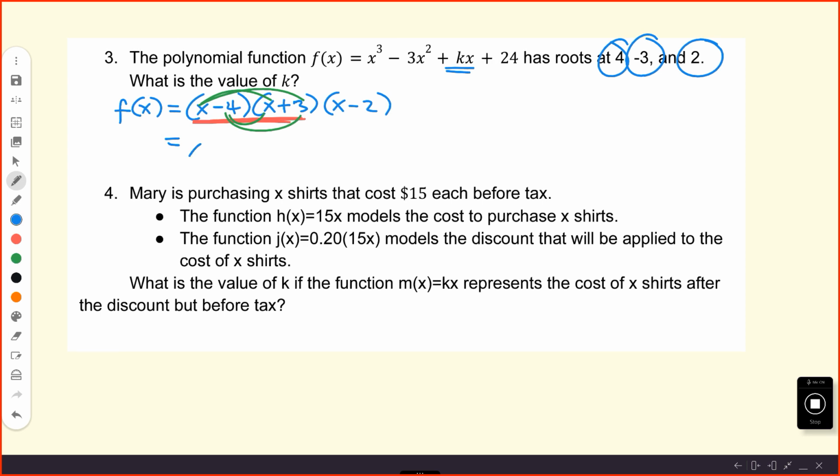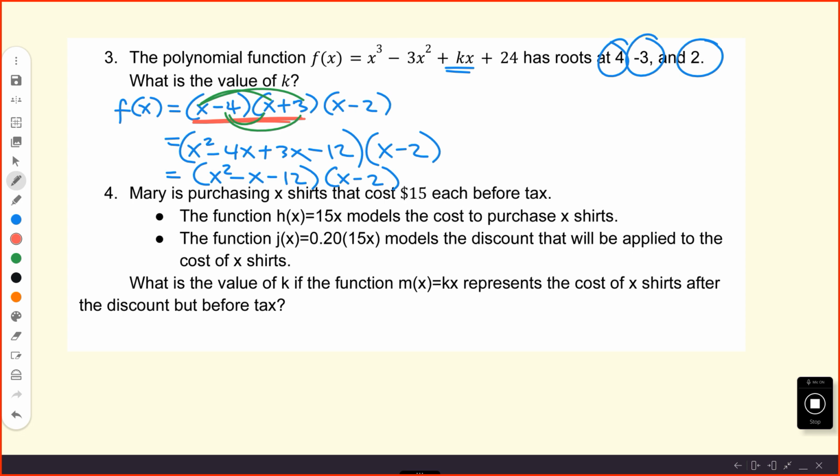So it's x squared minus 4x plus 3x, and then -4 times 3 is -12. Simplified, it'll be x squared minus x minus 12, and then multiply by x minus 2, so that you can come up with the cubic polynomial in standard form.